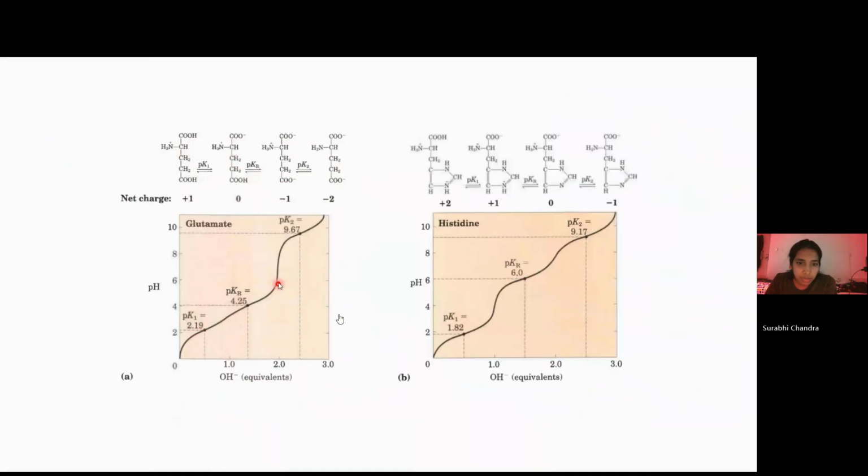All these will give additional acid dissociation constant values, and the titration curves will be more complicated, but you will be able to find the buffering regions from these graphs as well. And that is how we eventually find the pI values and buffering regions for different amino acids from their titration curves.